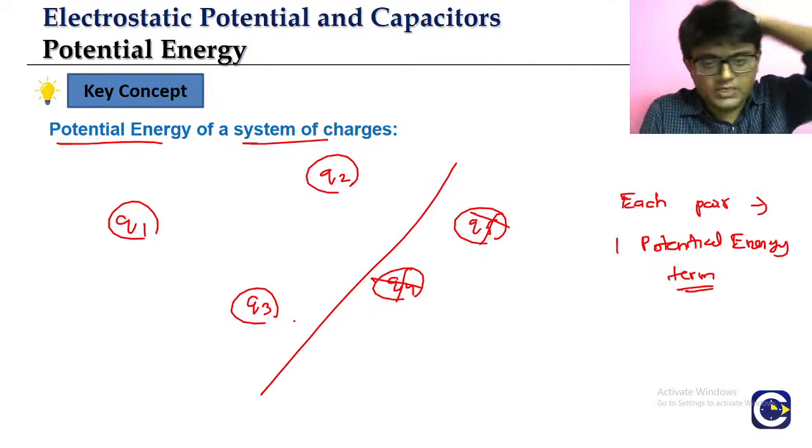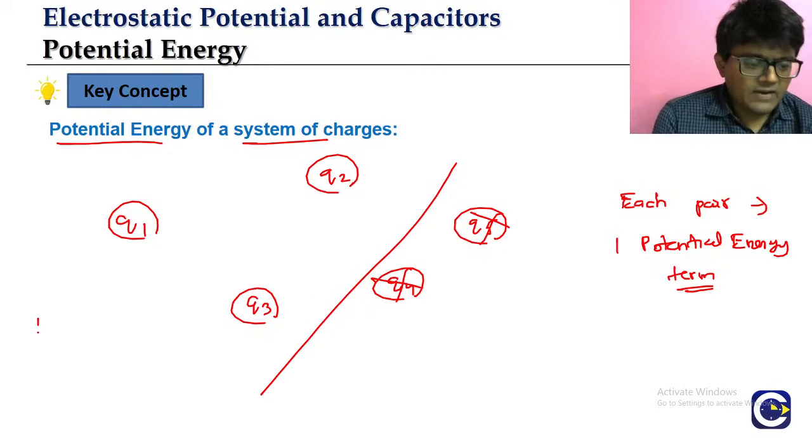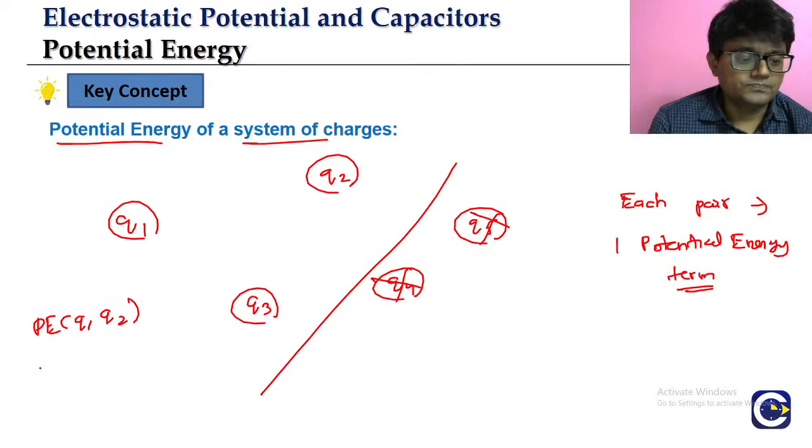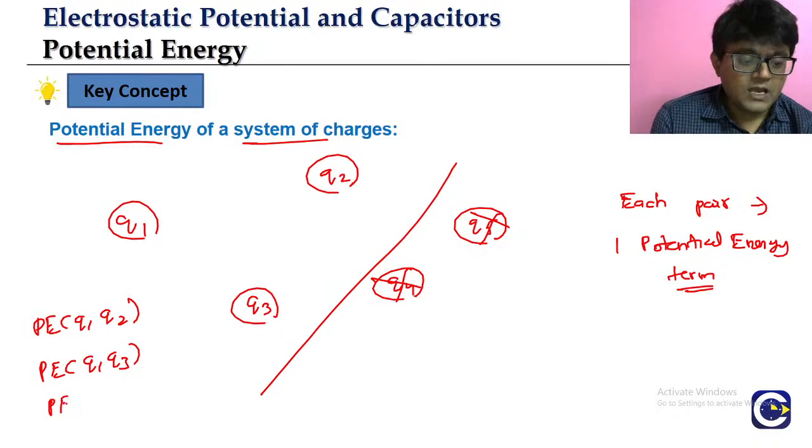எப்படி? I mean, just take for example Q4 Q5 இல்லன்னு வெச்சுக்கோங்க, வெறும் இந்த Q1 Q2 Q3 மட்டும். Okay, we'll have potential energy for the pair Q1 and Q2. We'll have potential energy for the pair Q1 and Q3. அந்த மாதிரி we'll have potential energy for the pair Q2 and Q3. அவ்வளவுதான்.